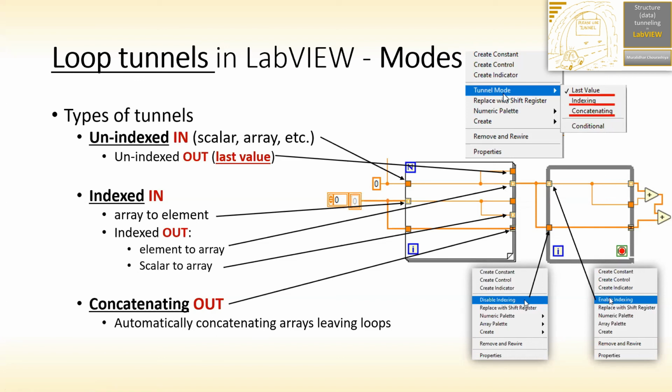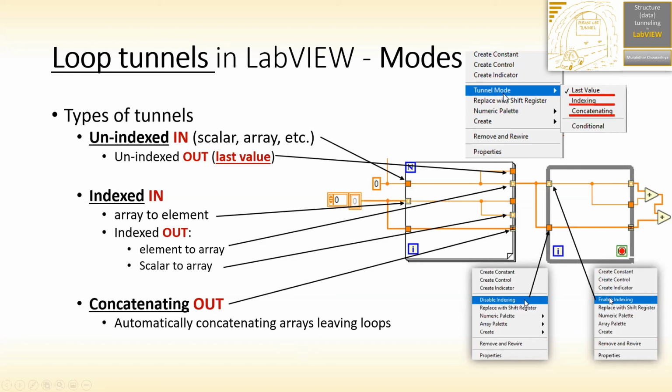So it is like adding array to array every time, which gives auto-concatenating properties. It will make longer arrays, in multiples of the array size. These are the different types of indexing tunneling mode.